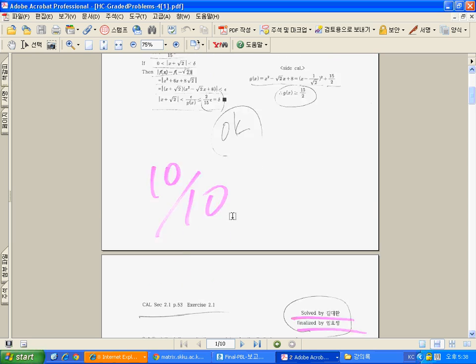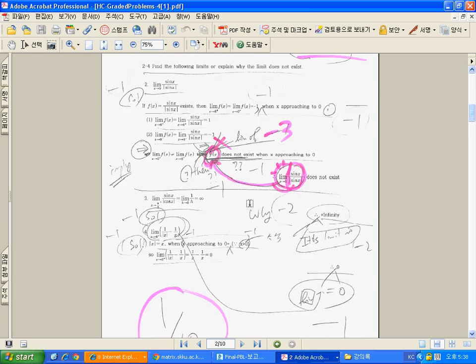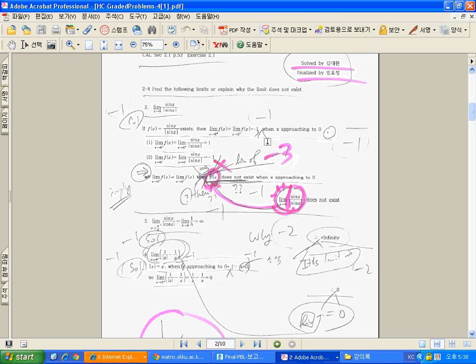So it's perfectly okay. But the other one made some errata here: the f of x does not exist when x approaches 0. This is not the right sentence. The limit of f of x does not exist when x approaches 0. So this is wrong. And mathematical notation should be written properly.